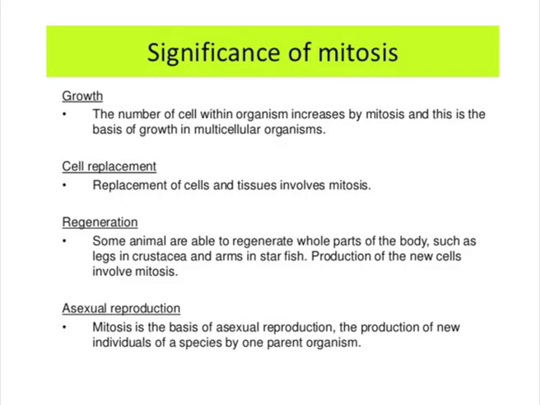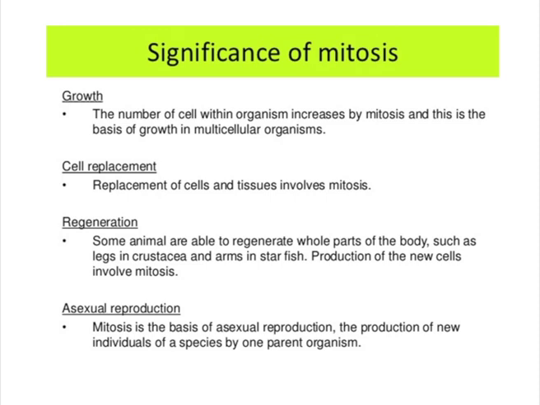In the significance, we have growth, cell replacement, regeneration and asexual reproduction. First, growth. The number of cells within an organism increases by mitosis, and this is the basis of the growth of multicellular organisms.